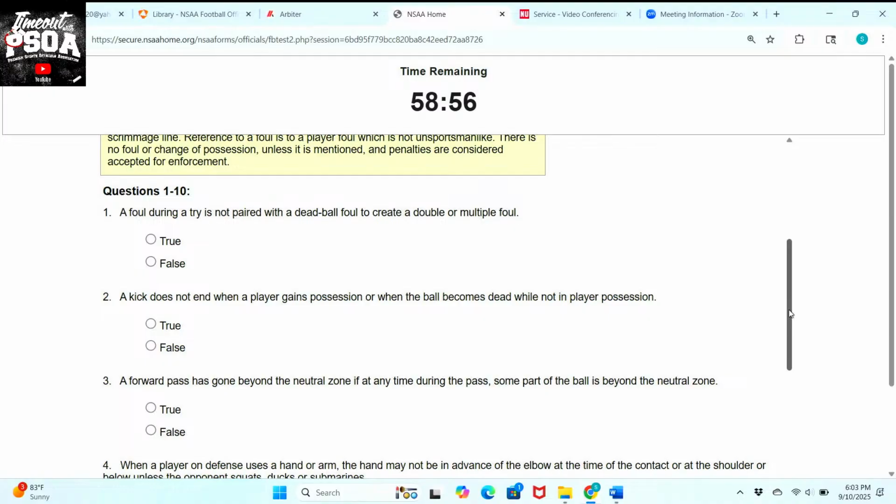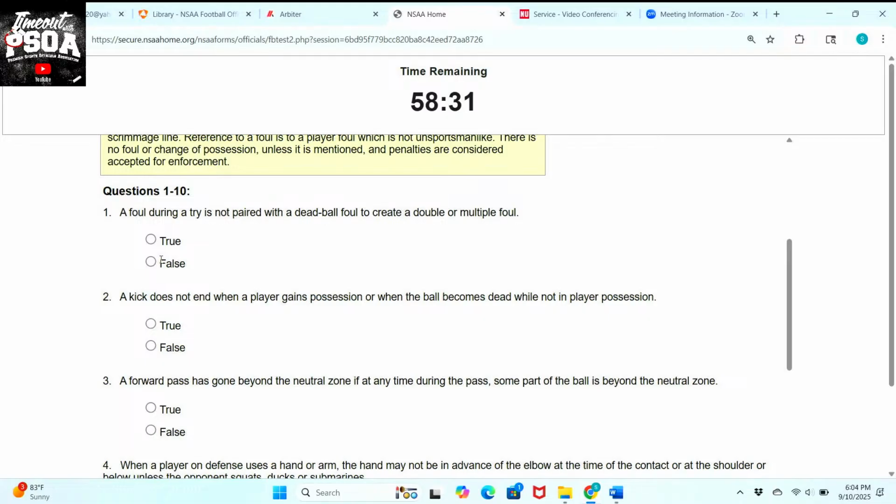A dead ball foul, which occurs in the time interval after down has ended and before the ball is next snapped or free kicked, is not going to be paired with it. Okay, so a foul during the try is not paired with the dead ball foul to create the double.